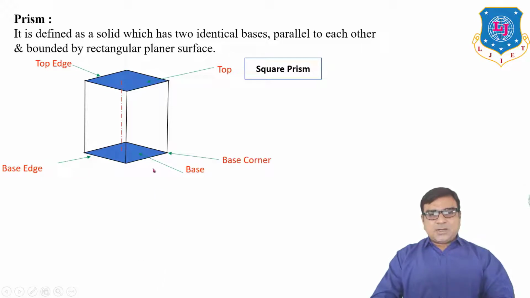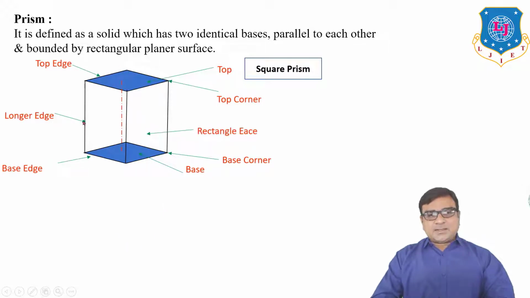Now the corners at bottom, there are four corners in square prism. So it is defined as base corner. Similarly, top corners. Now the line joining from top corner to bottom corner, that edge or that side is known as longer edge.